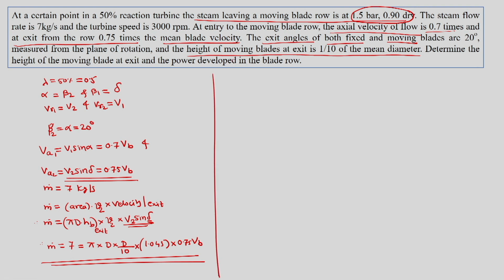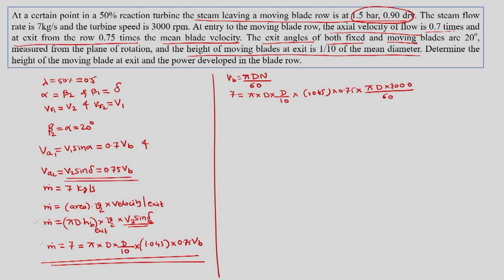Further, VB we know is equal to pi d n by 60. So this also we can keep here, and then we will have 7 is equal to pi into d by 10 into 1.045 into 0.75 into pi d n, and n is given as 3000 divided by 60.